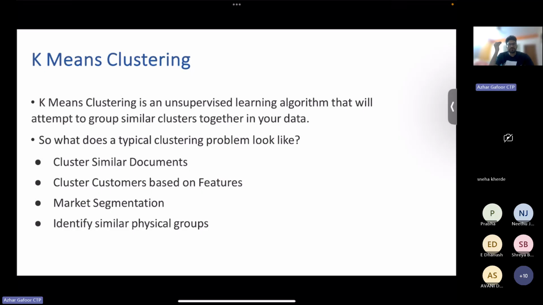By using this algorithm, it partitions the data set into k clusters where each data point belongs to the cluster with the nearest mean, and the nearest mean is called the centroid in this case. What are some of the applications or problems that can be solved using k-means clustering?